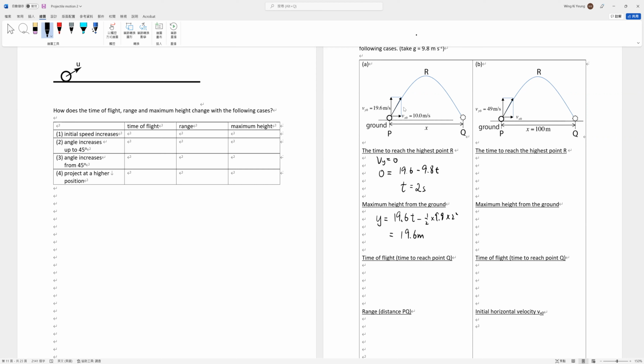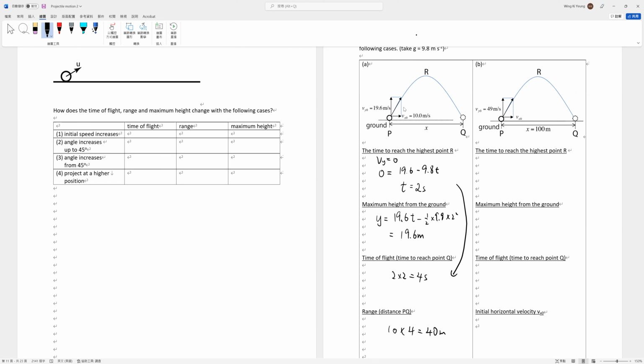The next one is about the time of flight. Now you can just double the time to reach the highest point. So it should be 2 times 2, that's 4 seconds. Then the range should be 10 times 4, that is 40 meters. Okay.